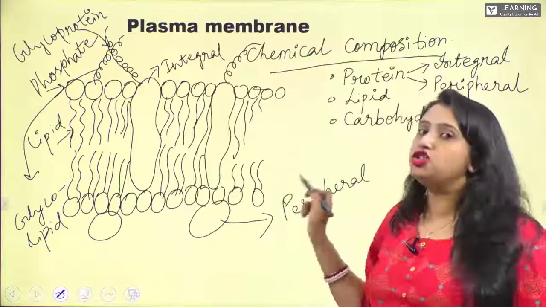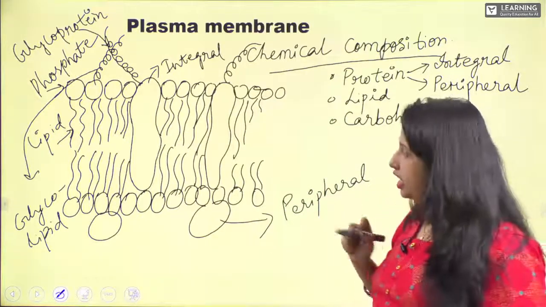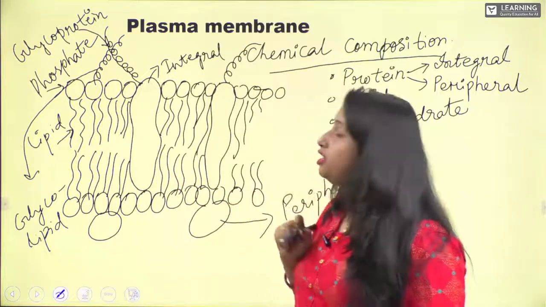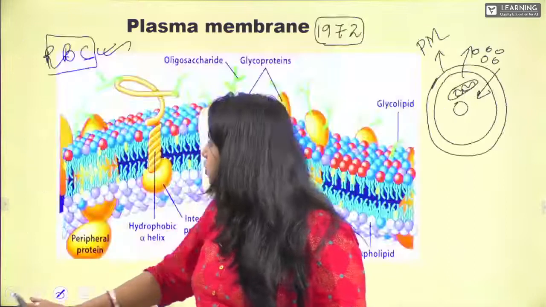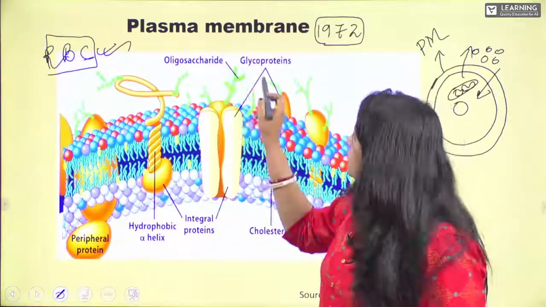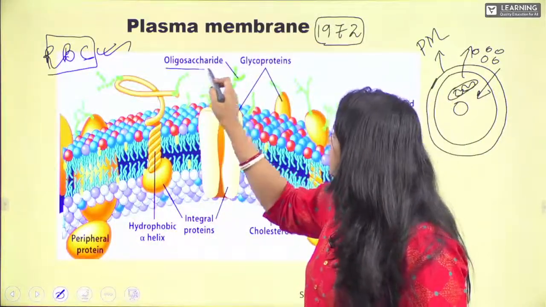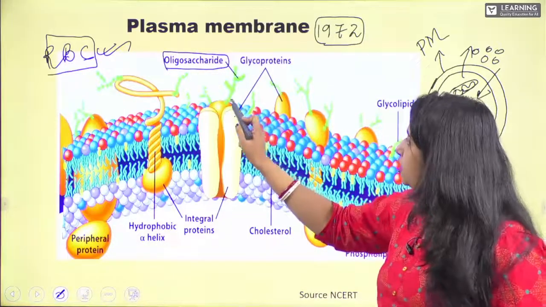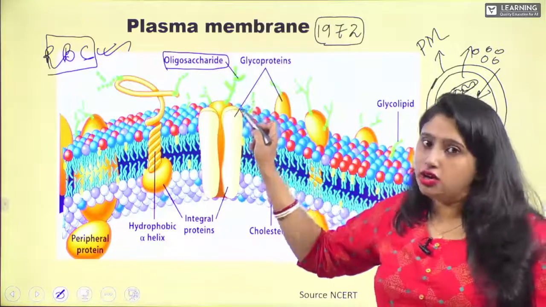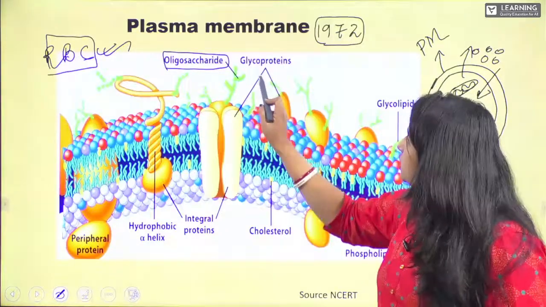So this is how the structure of the plasma membrane looks. In between, you will also find cholesterol, that is the fatty acids. Just look at the picture. Here you can see these are oligosaccharides, the various sugar molecules which are joined together. These are the glycoproteins.